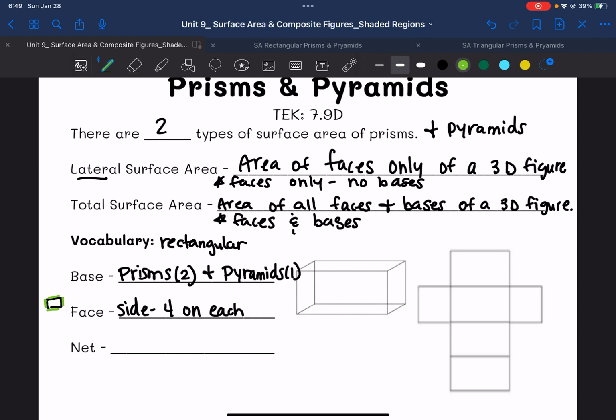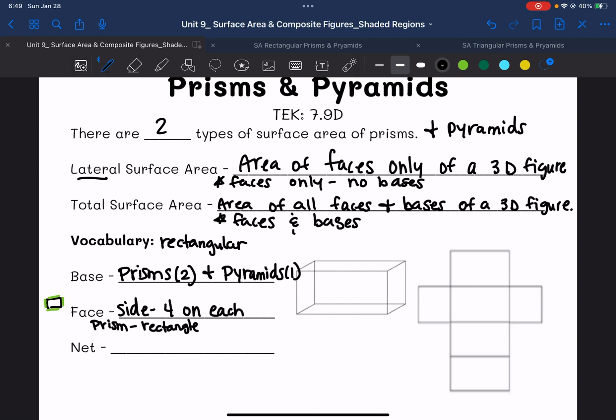Okay. All right. Now let's talk about how the faces on a prism, sorry, that's what I meant to say. A prism is going to have faces that are rectangles.